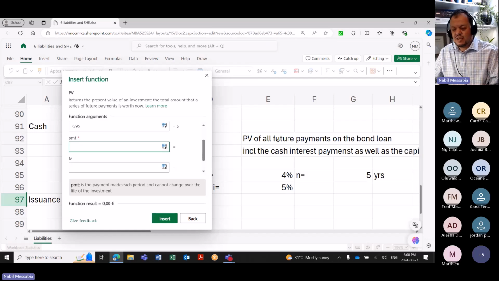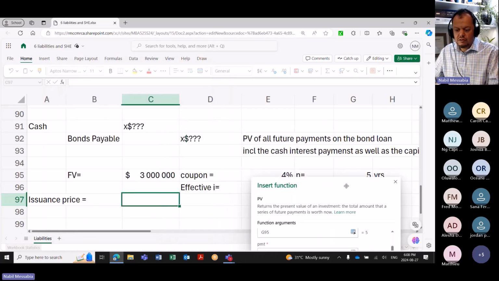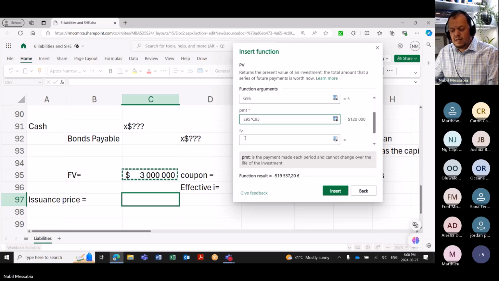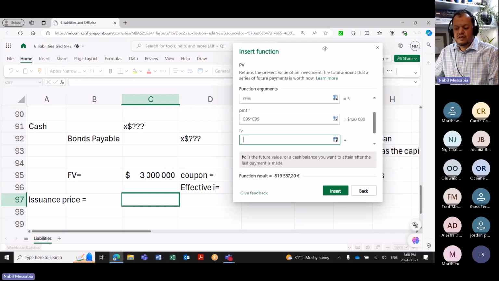So payment is the coupon rate 4% times the face value, times 3,000, and the future value is this 3 million. This is what I'm going to reimburse at the maturity day.